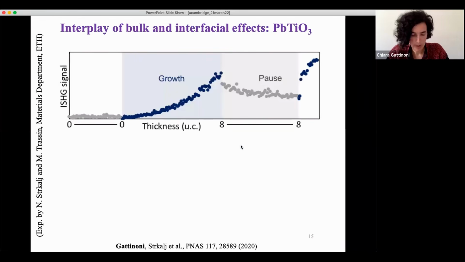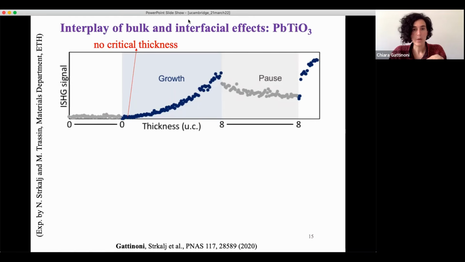We did this work together with some experimental collaborators who do in situ second harmonic generation. Without having to explain too much about what that is, if the material is ferroelectric, they get a non-zero signal. Otherwise, the signal is 0. So any one of these points, which is non-zero, means that there is ferroelectricity in their system.